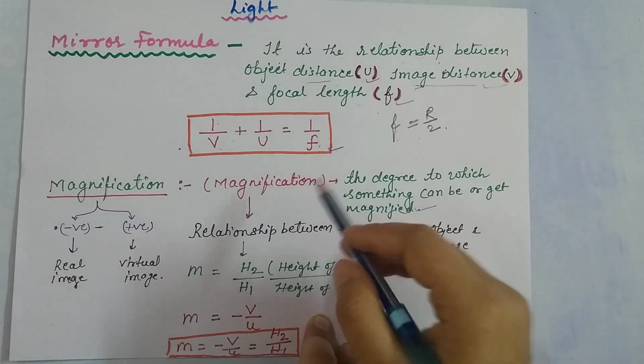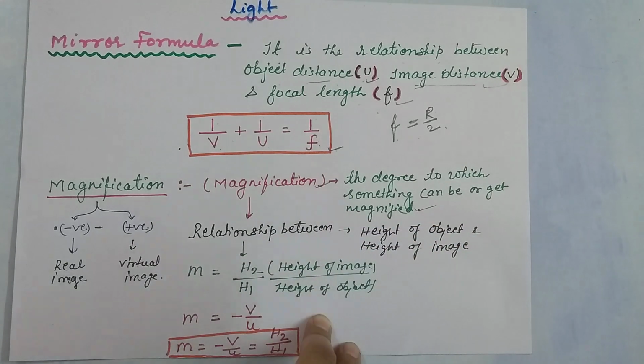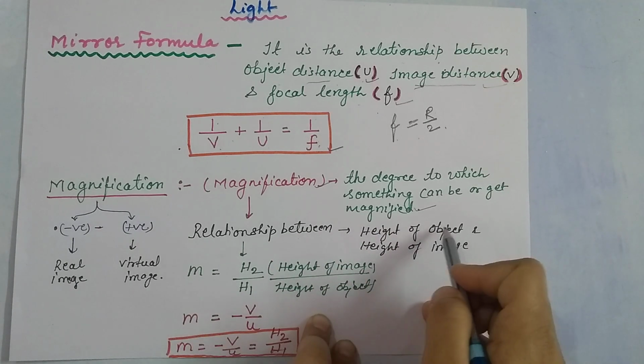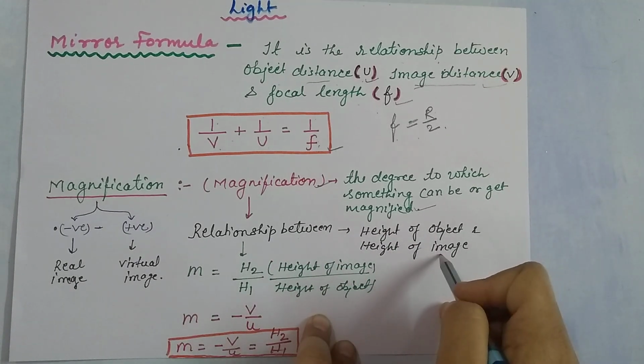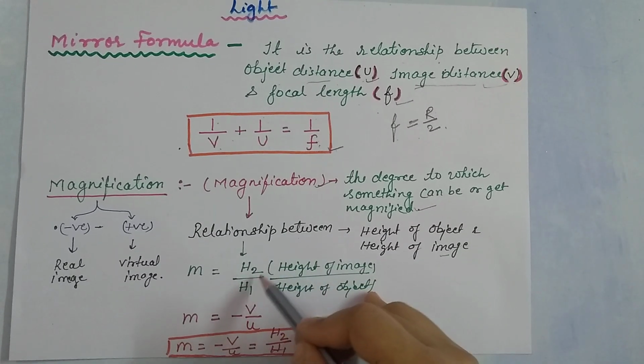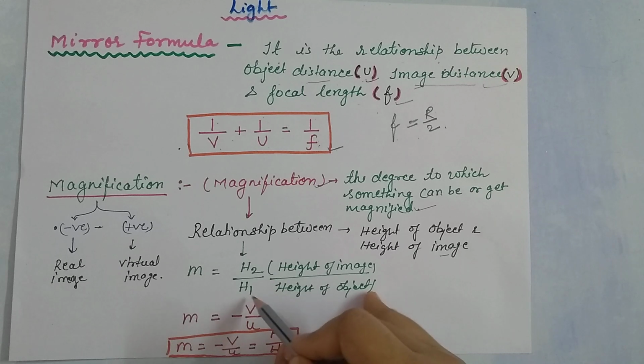This shows at what degree the image formed is larger or smaller than the object, and it shows the relationship between the height of the object and the height of the image.